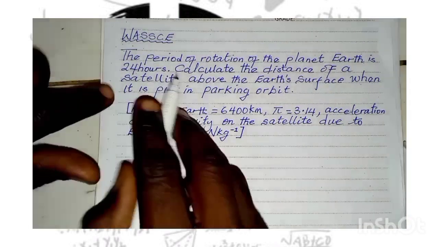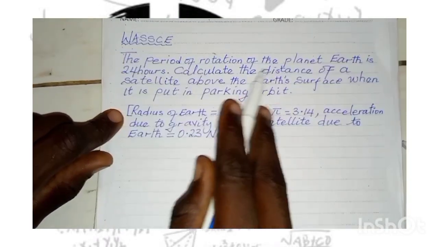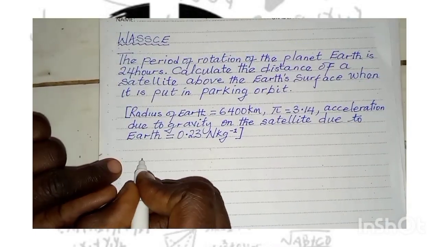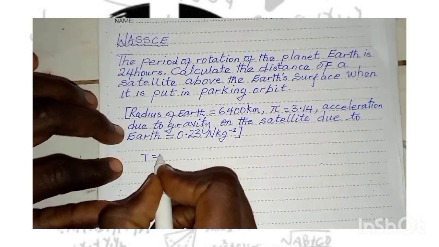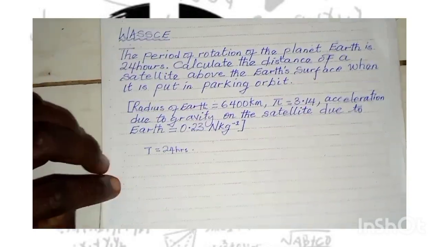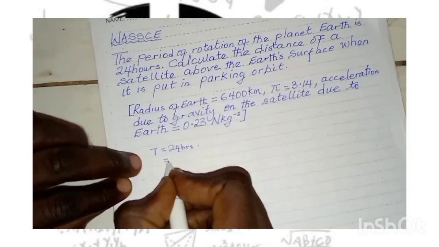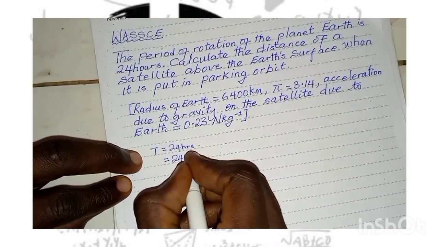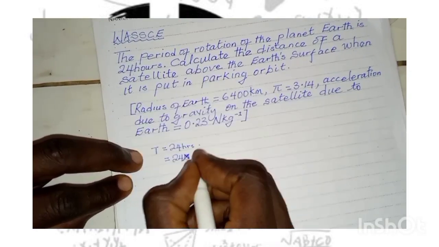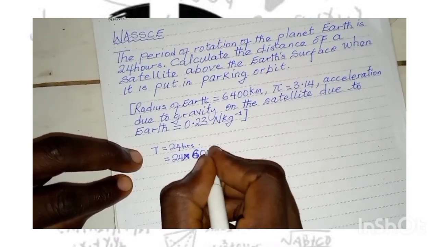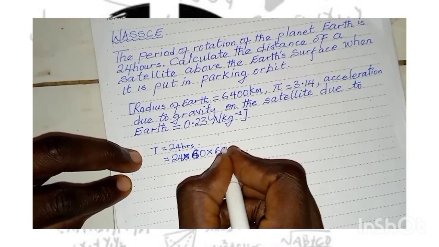It says the period of rotation of planet Earth is 24 hours. So we will first start with that. The period equals 24 hours. We are going to change these hours into seconds, which means 24 hours, each hour is 60 minutes, and each minute is 60 seconds.